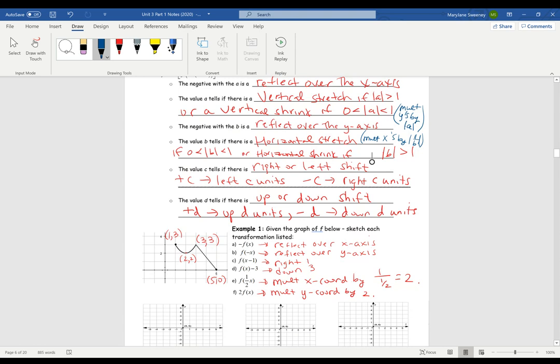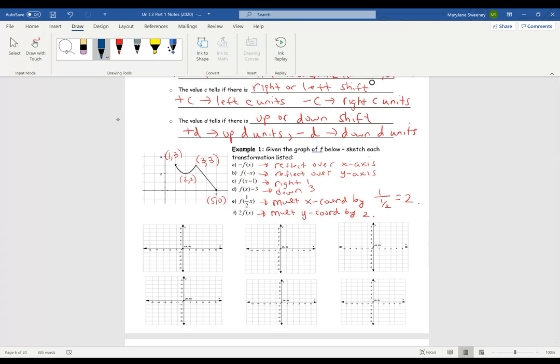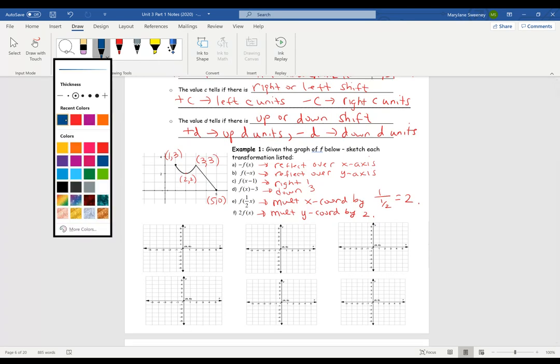So that's where I'm getting this down here. We're going to multiply the x coordinate by the reciprocal of what's inside the parenthesis. For f, we're multiplying the y coordinate by what's outside.